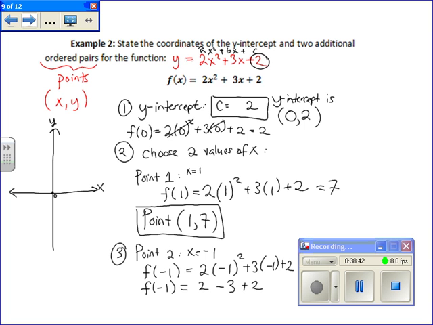And I have that plus 2. So f of negative 1 is equal to 2, subtract 3 is negative 1, negative 1 plus 2 is just positive 1. So there's my value of y. y is equal to 1. So this is going to be the point negative 1, 1. So there's 2 other ordered pairs on this parabola: the point 1, 7 and the point negative 1, 1.